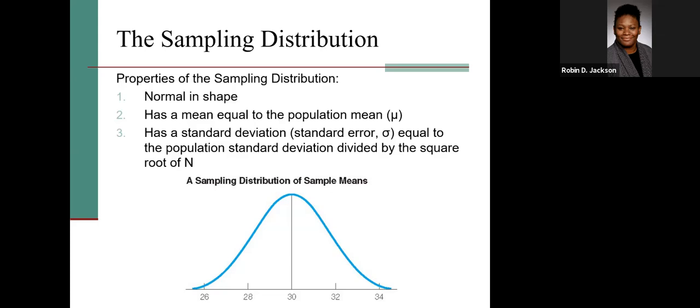So when you have a sampling distribution, more of your cases typically are going to be closer to the mean, and that's what makes it like a normal curve, okay? And so that's what makes the sampling distribution approximately normal. We look at it and we think about it in terms of a normal curve, okay?